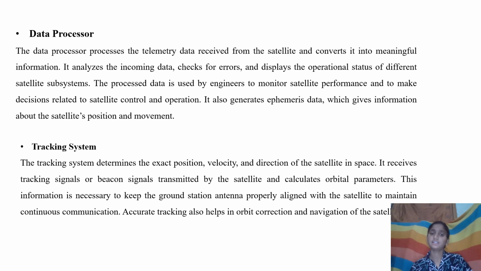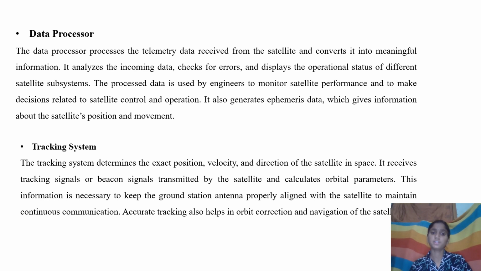It analyzes the incoming data, checks for errors, and displays the operational status of different satellite systems. It checks the input coming from the telemetry receiver, and it also checks for errors. If errors are present, it turns on the alarms.